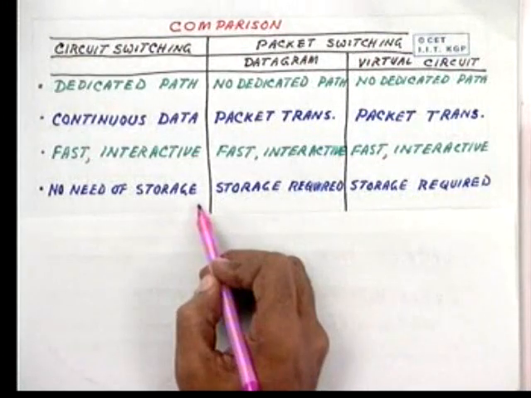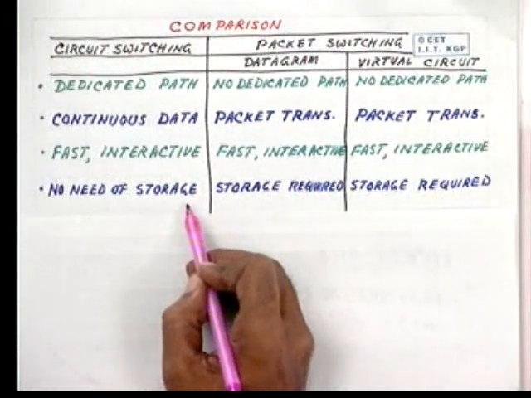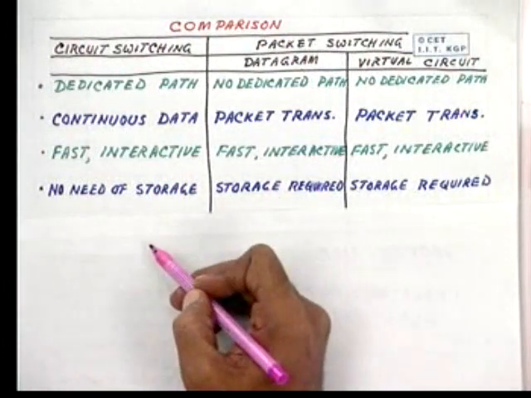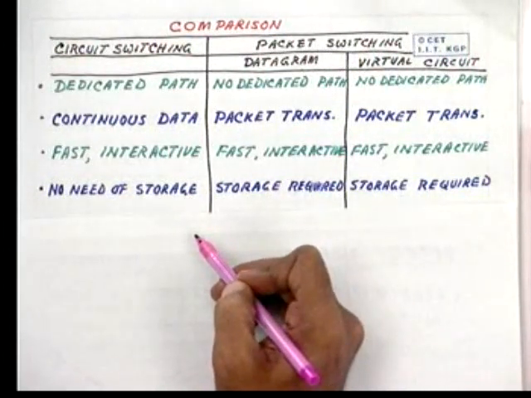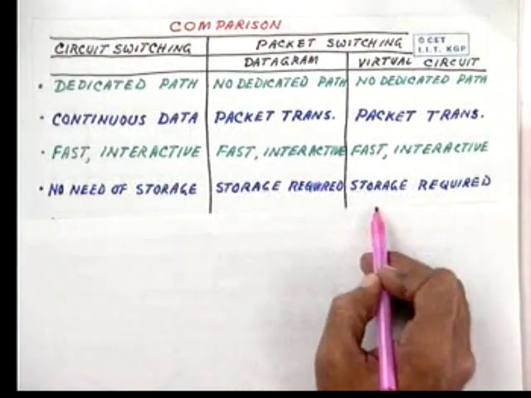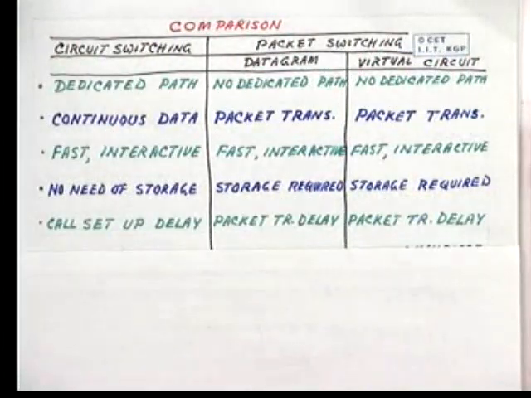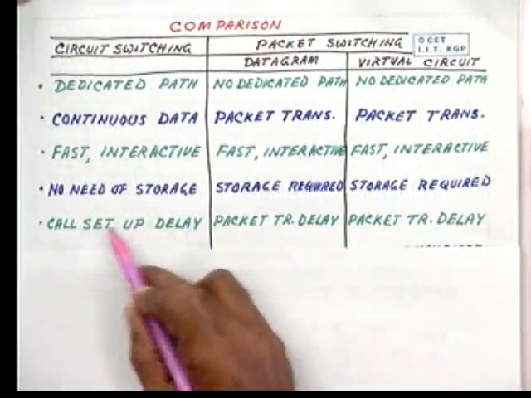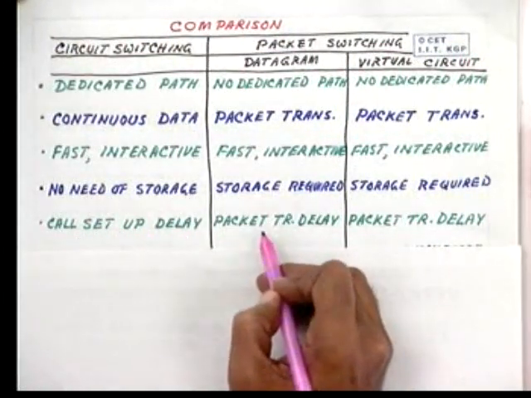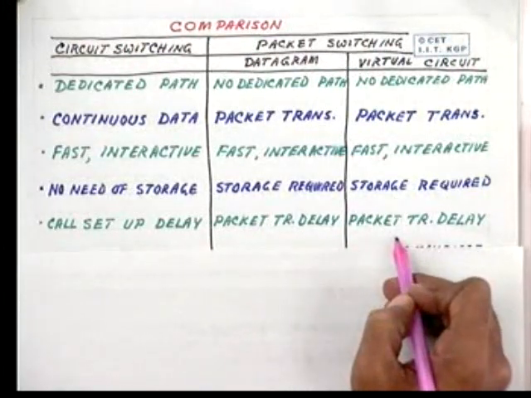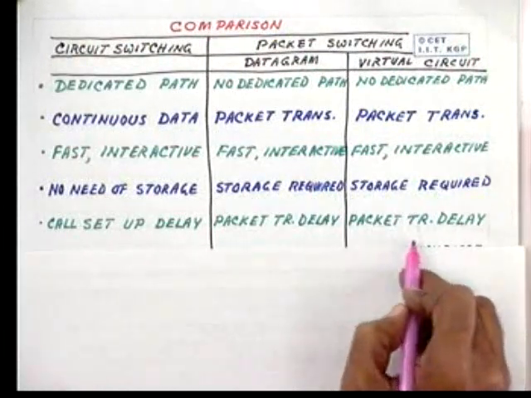In circuit switching, one advantage is that the nodes need not have storage facility, because you are sending from source node to destination node. There is no need to store in between. On the other hand, you require storage facility both in datagram and virtual circuit packet switching. And circuit switching has call setup delay, as we have seen, but datagram and virtual circuit packet switching have packet transmission delay in both cases.